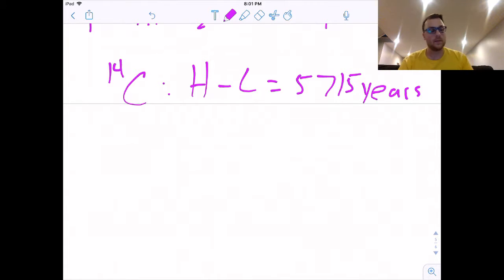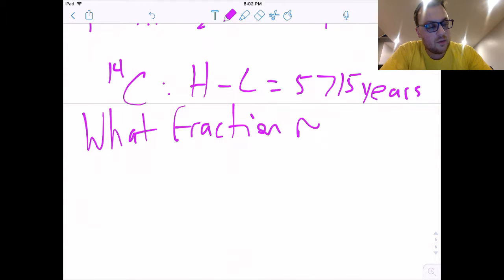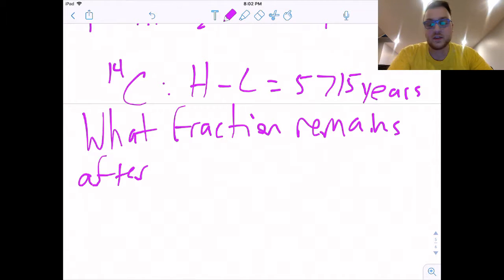So, let's say, what fraction of carbon-14 remains after, let me pick a quick number, 22,860 years.